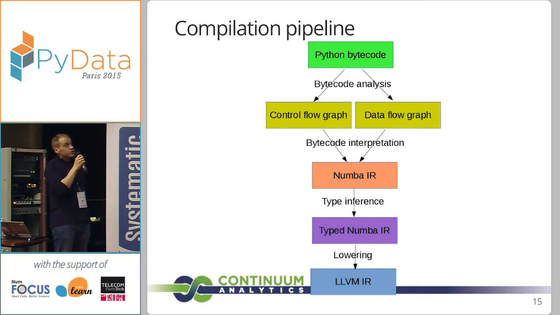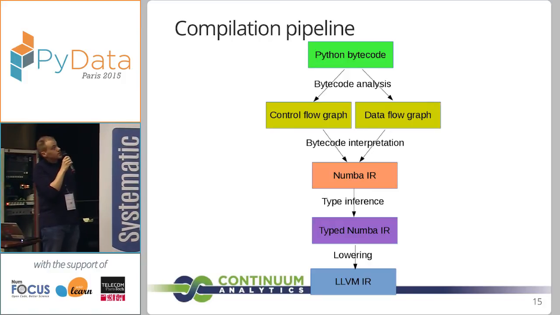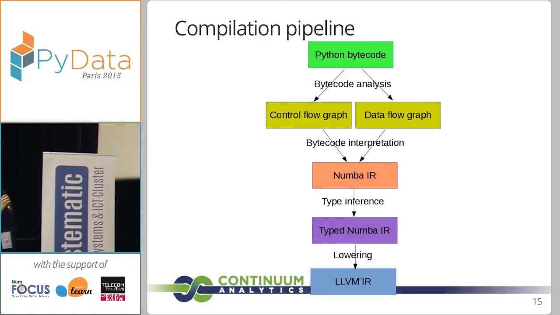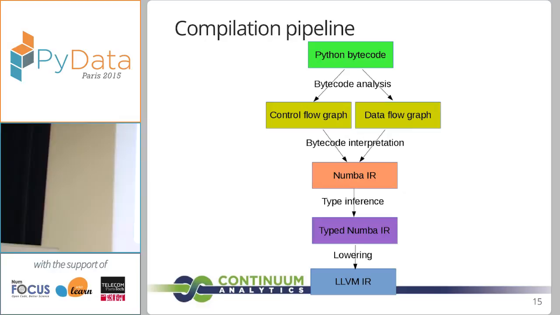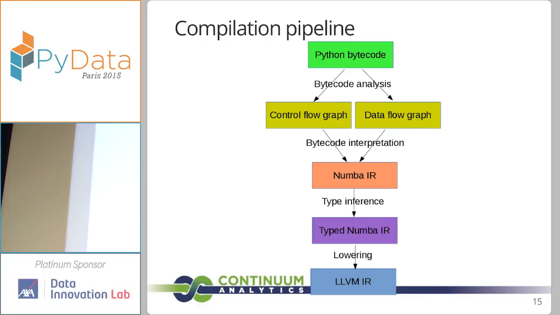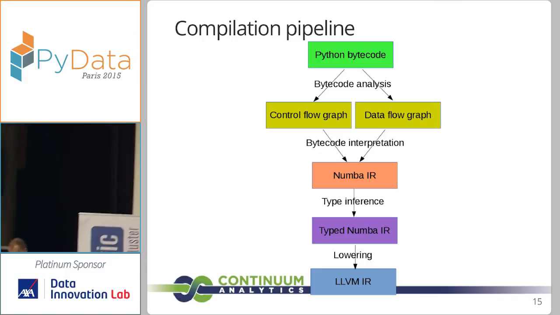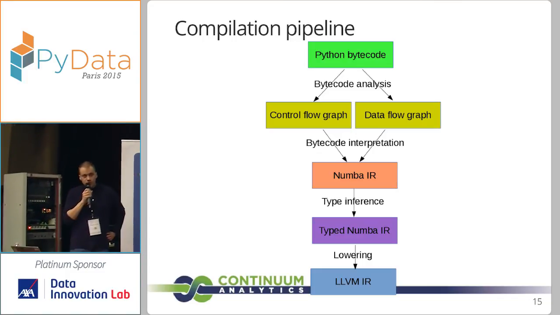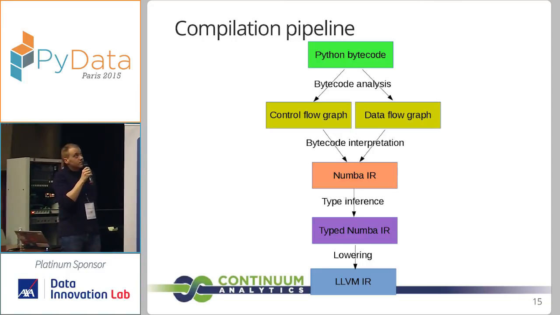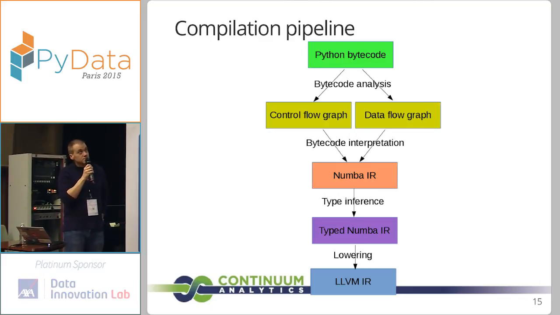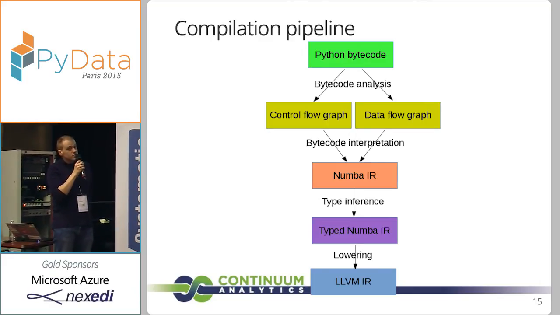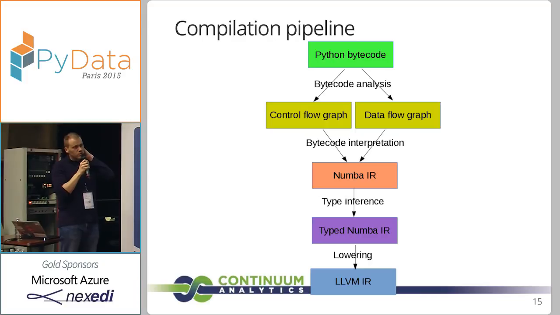So what does the architecture look like on the inside? It starts with Python bytecode. There is a first stage of bytecode analysis, which produces two kinds of information. One is the control flow graph, and the other is the data flow graph. It's a pretty standard compiler technique. The control flow graph extracts the basic blocks in the bytecode, and it allows us to do all kinds of analysis.